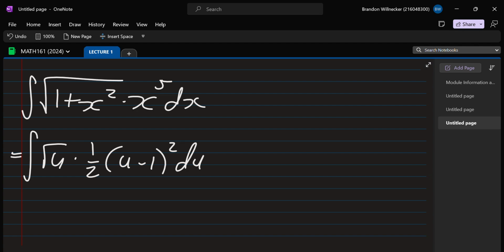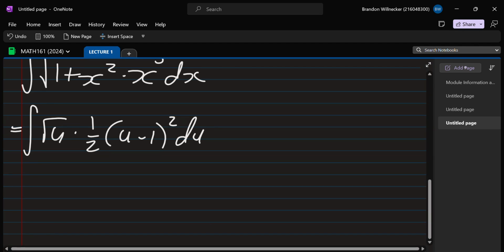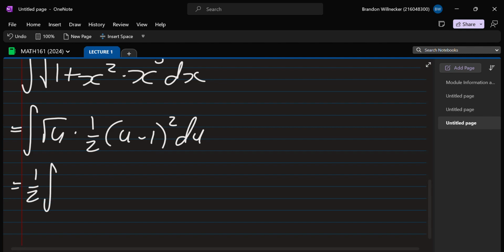But this is simpler once we've expanded that out. Once we expand the u minus 1 squared, we'll see that everything becomes the power rule. First let's take the half out. Integral root u, we write as u to the half. u minus 1 squared, as it is there, that's not going to help us much.